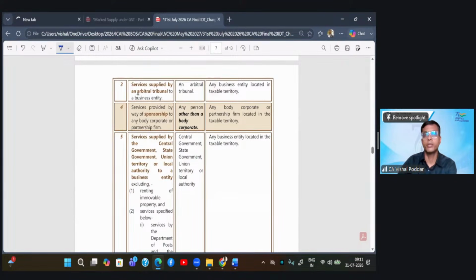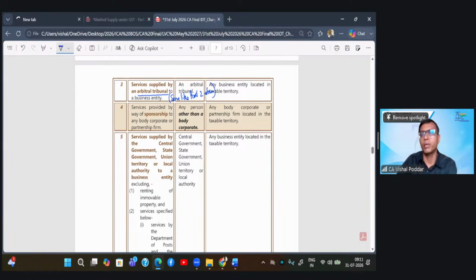Now, the third service coming under RCM is the arbitral tribunal service. So we have courts, we have tribunals, and within all this, we have something called an arbitral tribunal. Again, students, you have to first check whether it is exempt. Now, when it will be exempt, same like lawyer, same like point 2 above. So what conditions were applicable in case of lawyers?